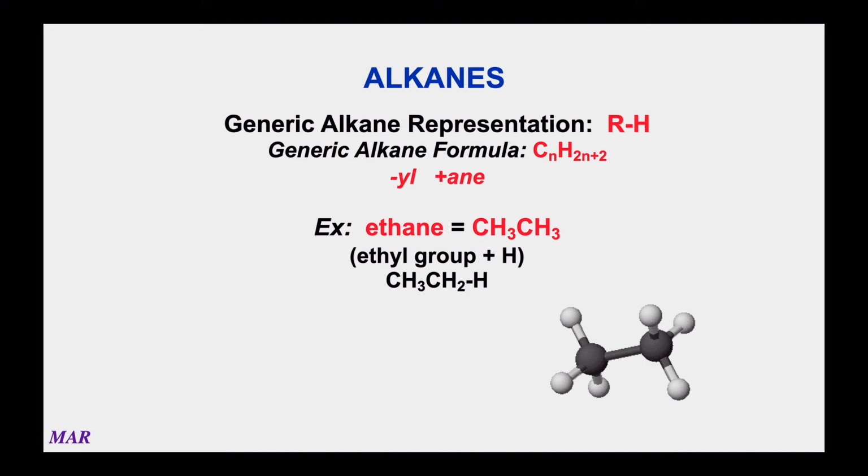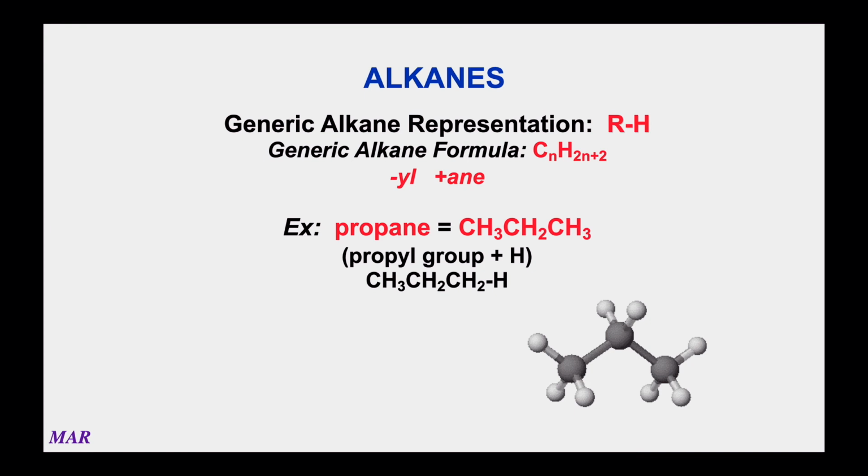So n is 2 here because there are 2 carbons. 2 times 2 plus 2 is 6. C2H6 is the formula, and this is ethane. Notice again that this is all tetrahedral, sp3, all the bond angles are 109 degrees. Ethane is a small component, as I understand, of natural gas. Most of it is methane, but there's a little ethane in there as well.